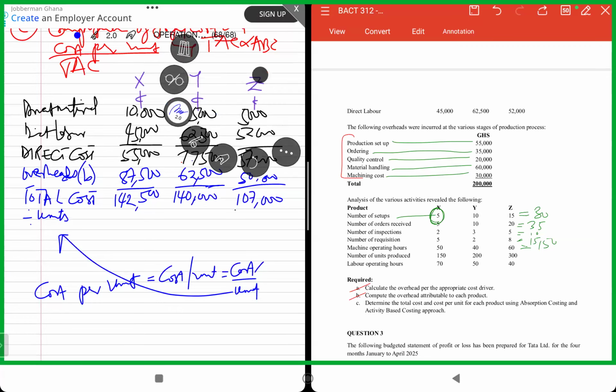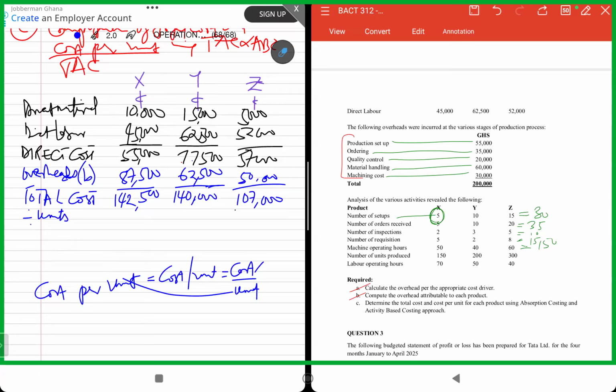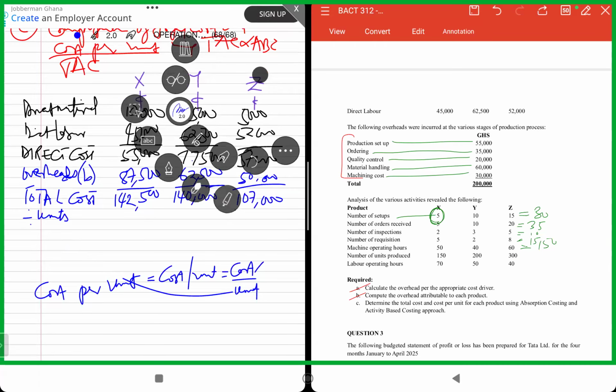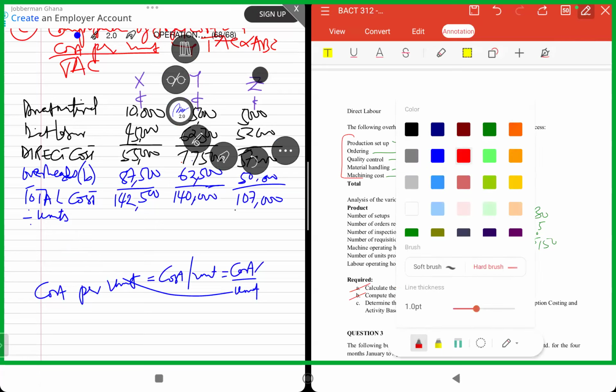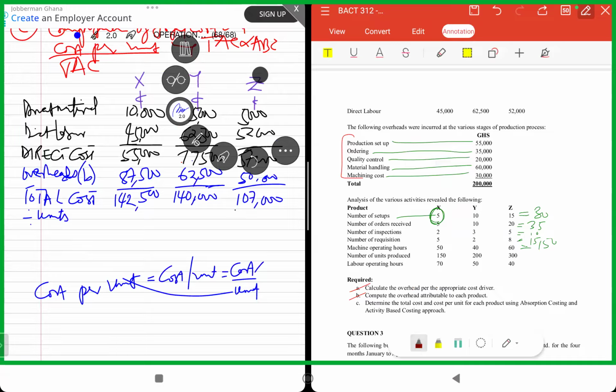So what are the units? Go to the question. How many of the X are produced per the question? Look at this. 150. Number of units produced. So how many units were produced? Let me add units.